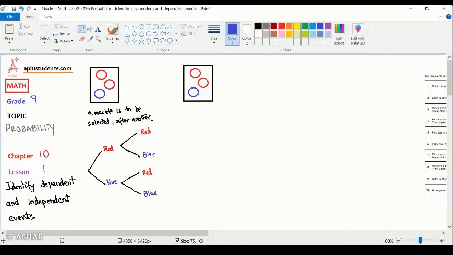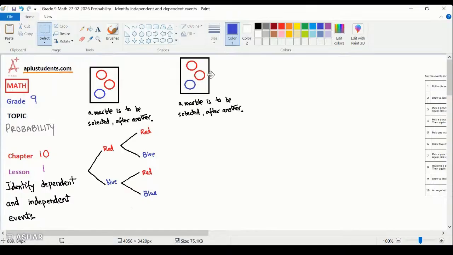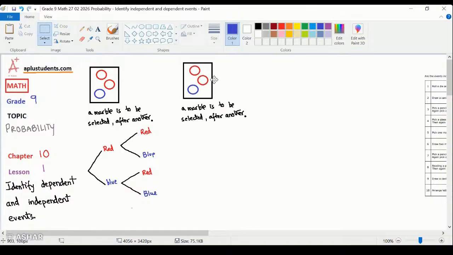The difference between these two questions would be that I would use an additional term over here that says a marble is selected after another, selected and replaced. A marble is to be selected and replaced.